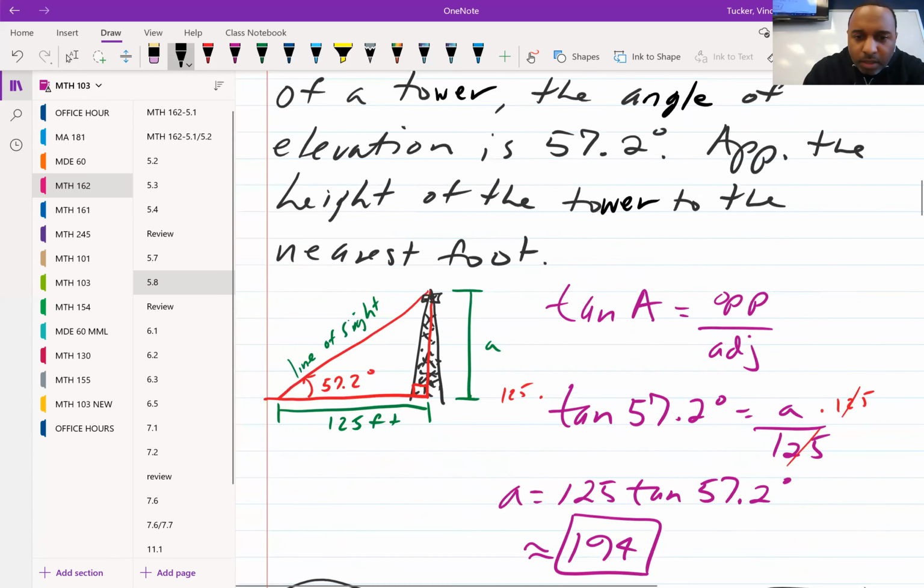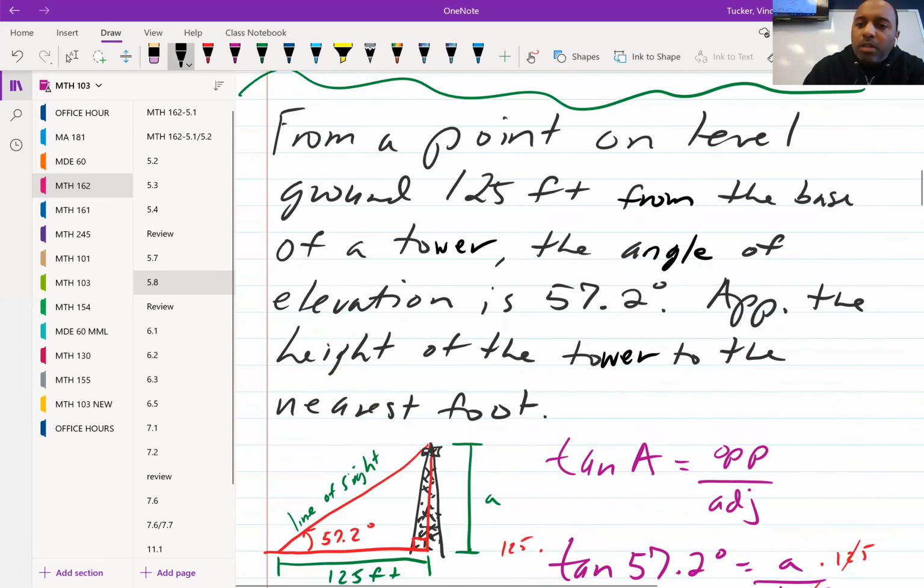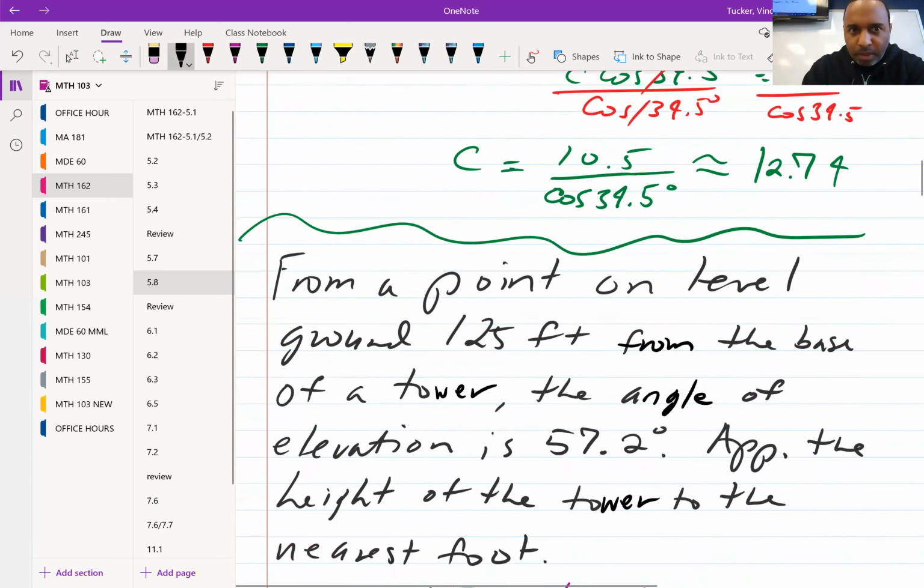Let's see if I have room up here. I don't.